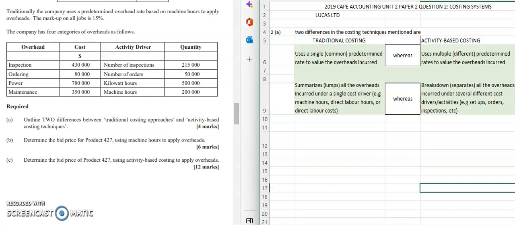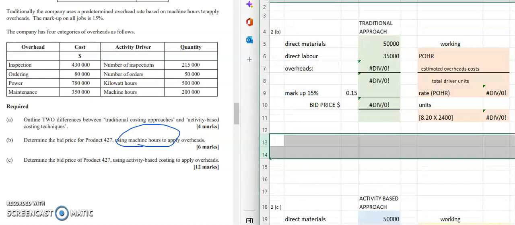And part B says determine the bid price using the machine hours. So let's do that. So primarily, when it says machine hours, it's obviously selecting one single cost driver. So this is a traditional approach. And to do this, we need to find the predetermined overhead rate, or POR or POHR.